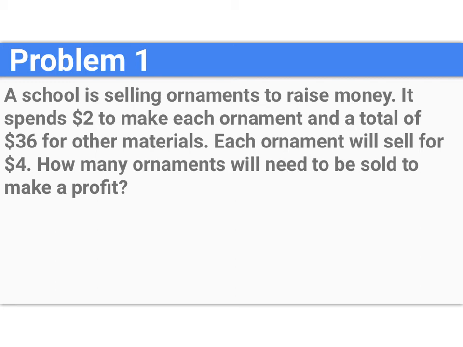So this is where you had to start. X is going to represent an ornament. And so 2x is the money spent, and then 4x is going to be money earned.